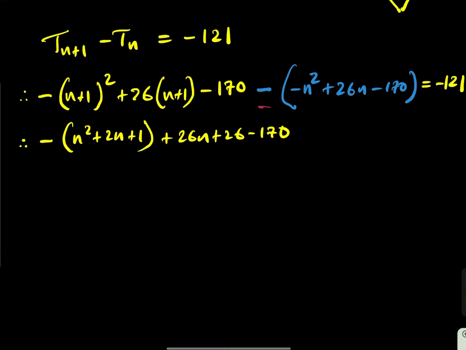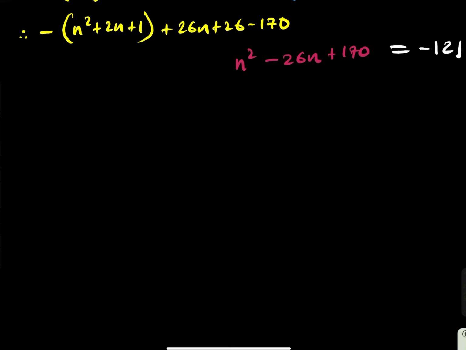If I remove the brackets here, I might get a positive n squared and then minus 26n and then a positive 170. The whole situation is equal to negative 121.